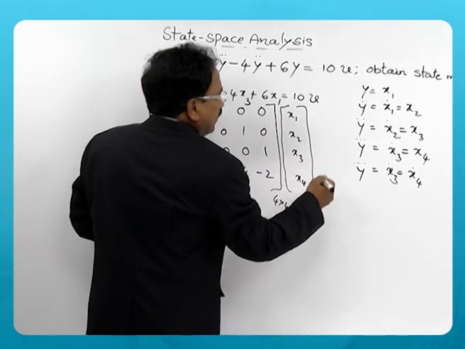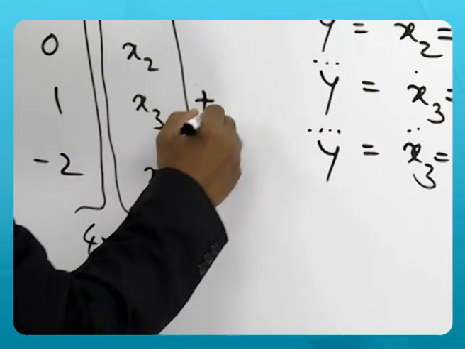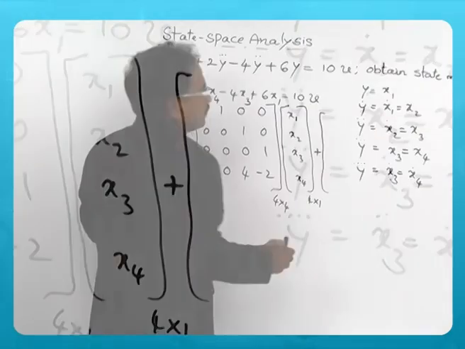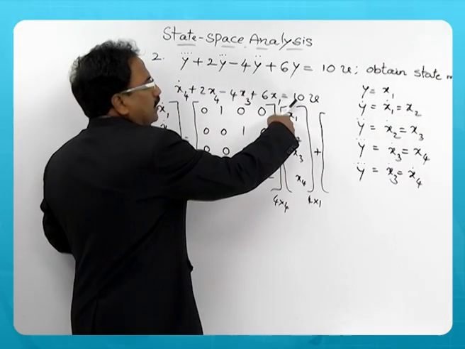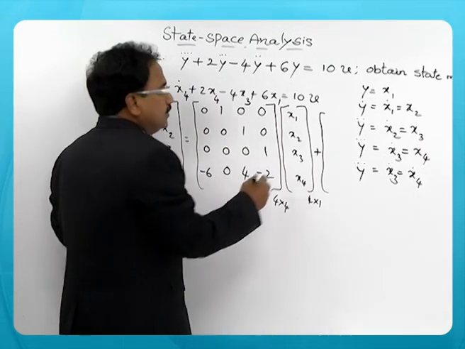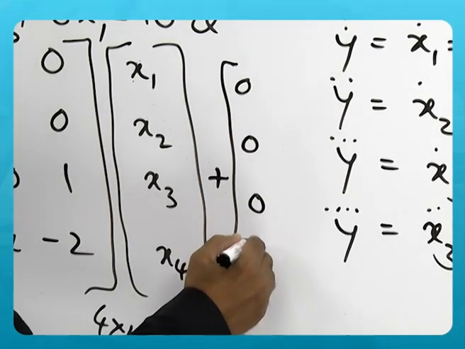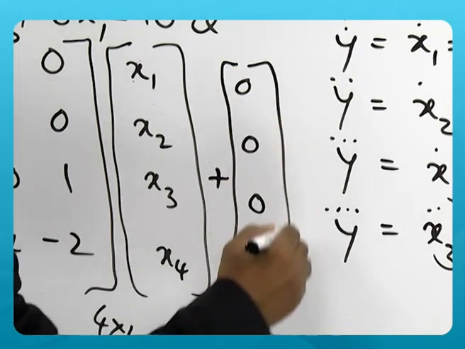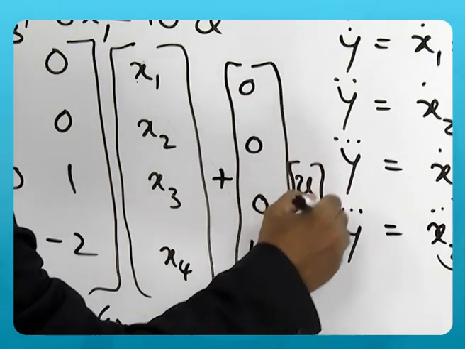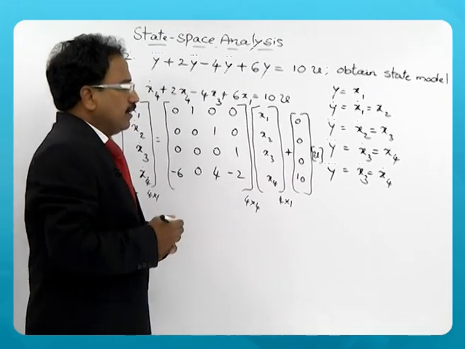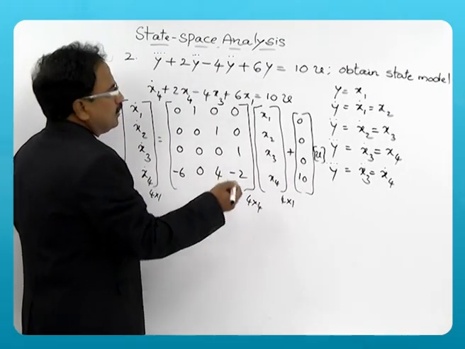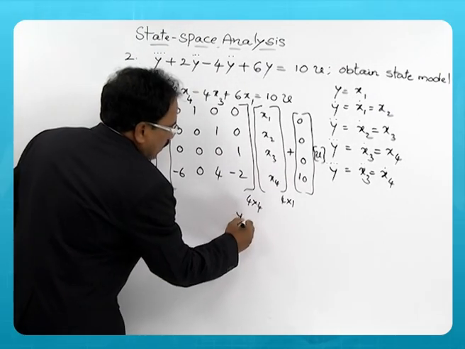Now the other part of that you have plus input matrix. It is only 10u is there, 10 is the coefficient. So the first 3 components are 0 and this is 10 multiplied by u. Now the output equation y is equal to x1.